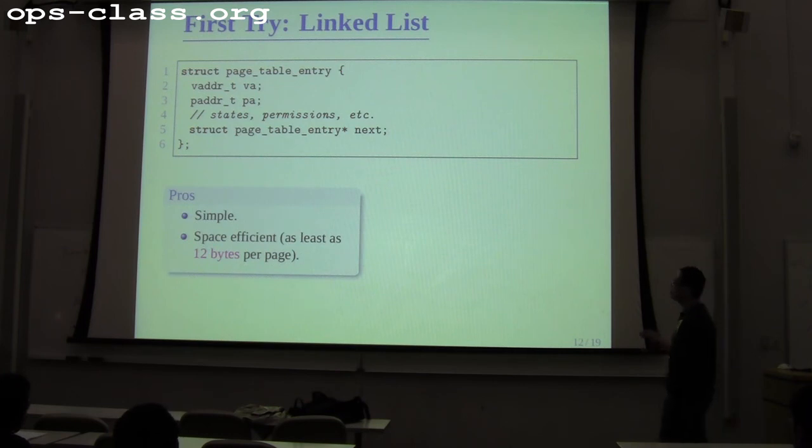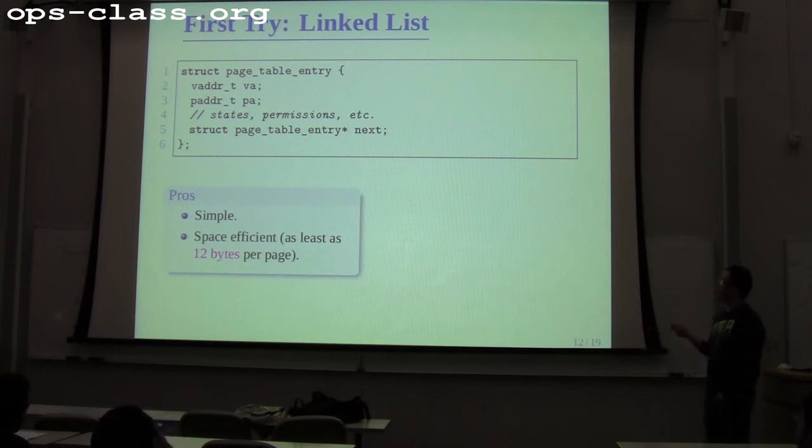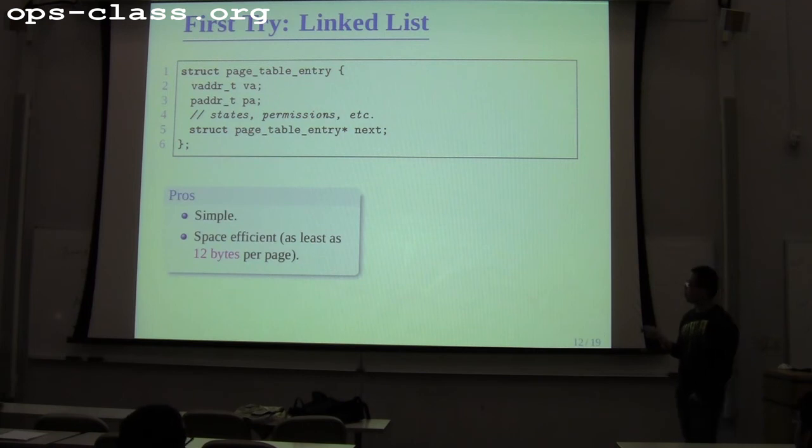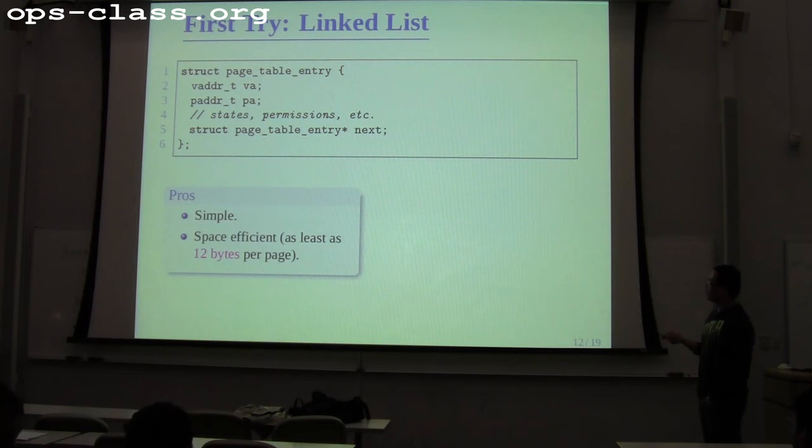The advantage of this approach is that the linked list is quite simple. Everybody has learned that from data structure courses, and it's quite efficient in space, in that it needs as little as 12 bytes per page to meet the purpose. So this is 4 bytes, this is 4 bytes.